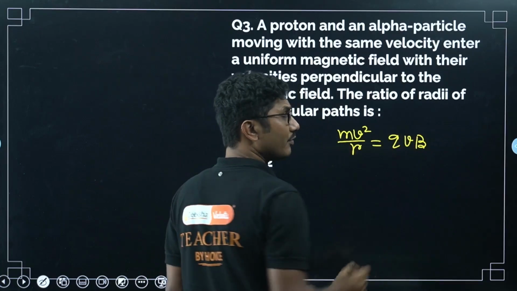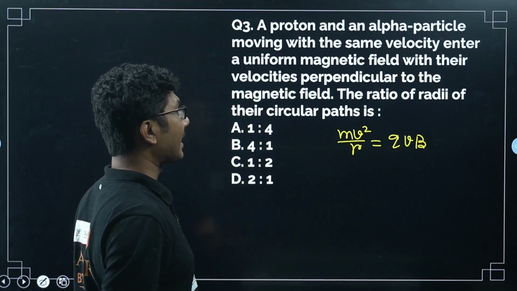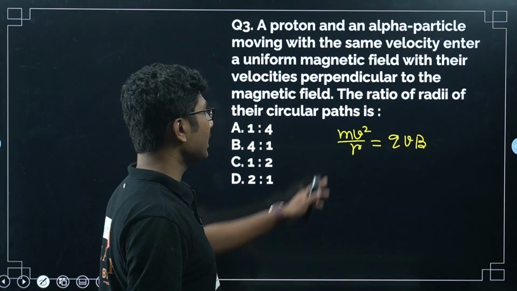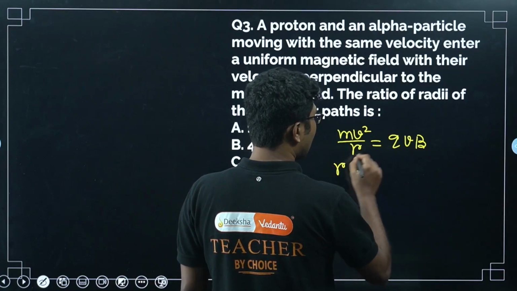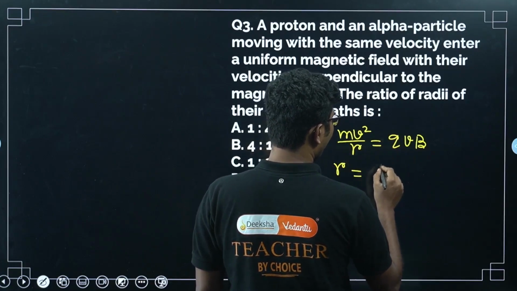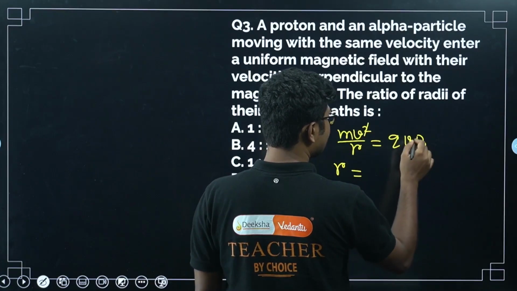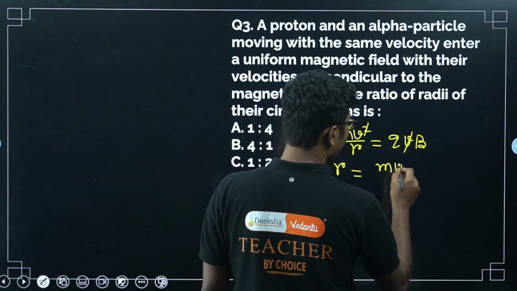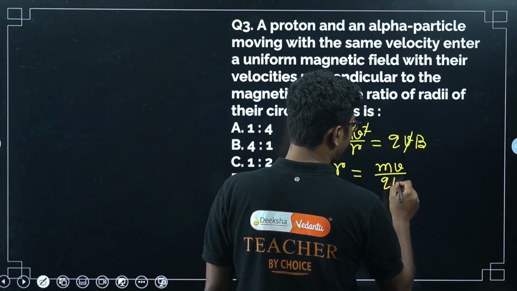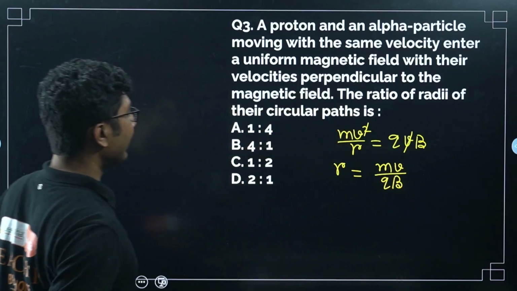This is the magnetic force. Now when it enters a magnetic field, it will rotate in a circular motion, and from this relation we can calculate the radius. Radius is mv, one of the v will cancel, both are v's, right? So it will be mv by qB. Okay, so this is the radius of the path.